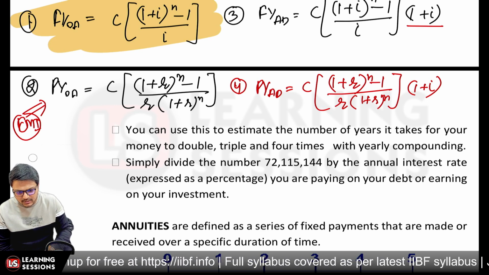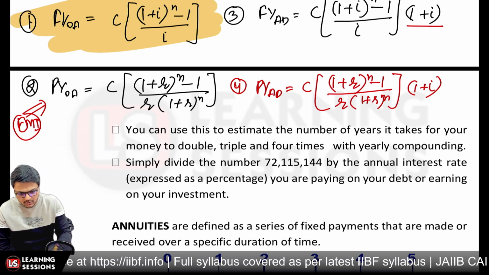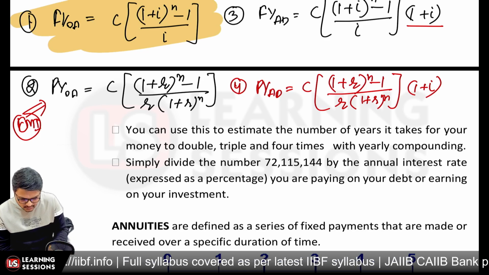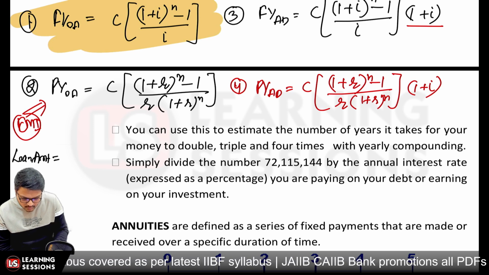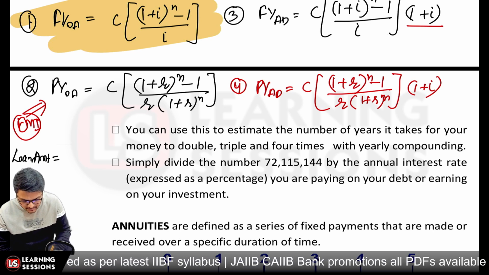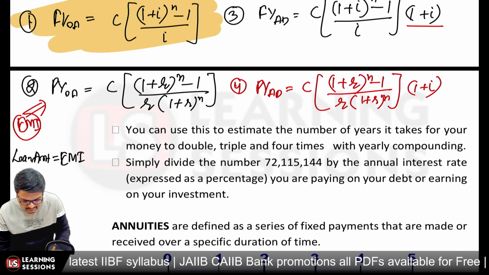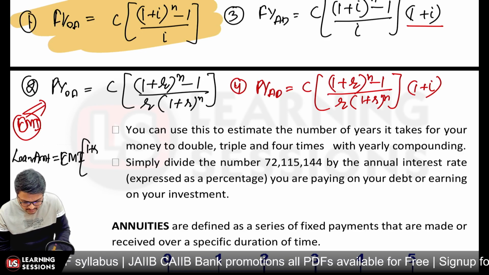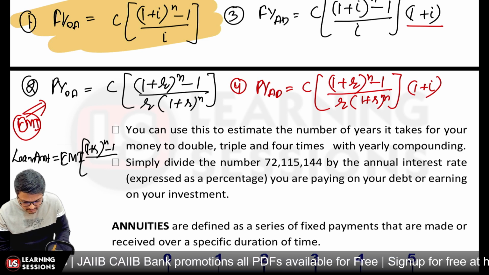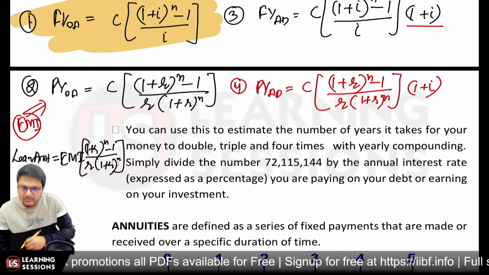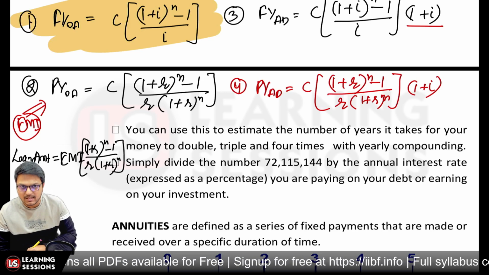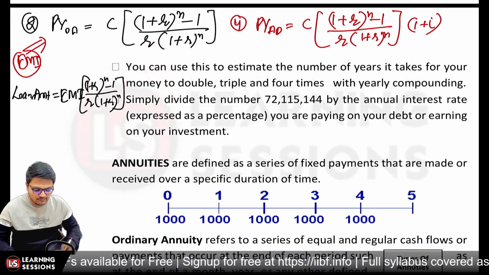When we calculate, the present value is already known; it is the loan amount. And C is the EMI amount that we need to calculate. So it is the same way, 1 plus R raised to power n minus 1 divided by R into 1 plus R raised to power n, right? So this is how we can memorize 5 formulas from just one formula.